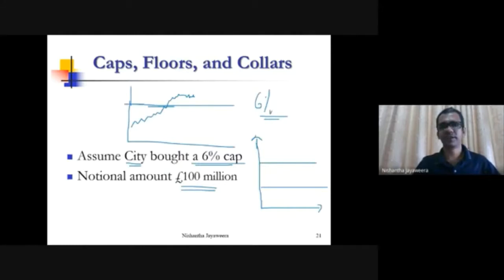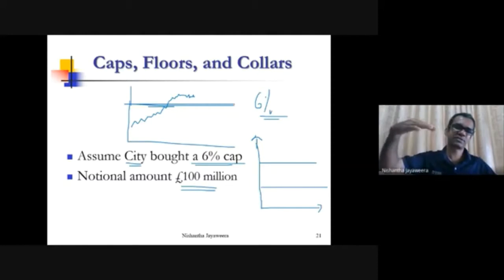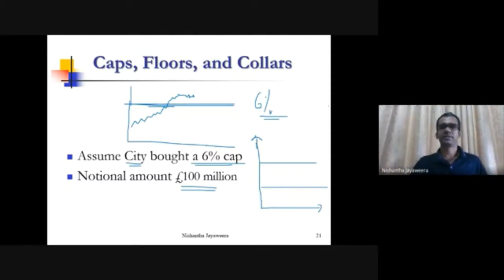So we can understand why they establish a cap. They don't want interest rates to go beyond that, so they can fix it at 6%. Okay, why do they, if at all, put a floor, say 3%? Why do they do that?